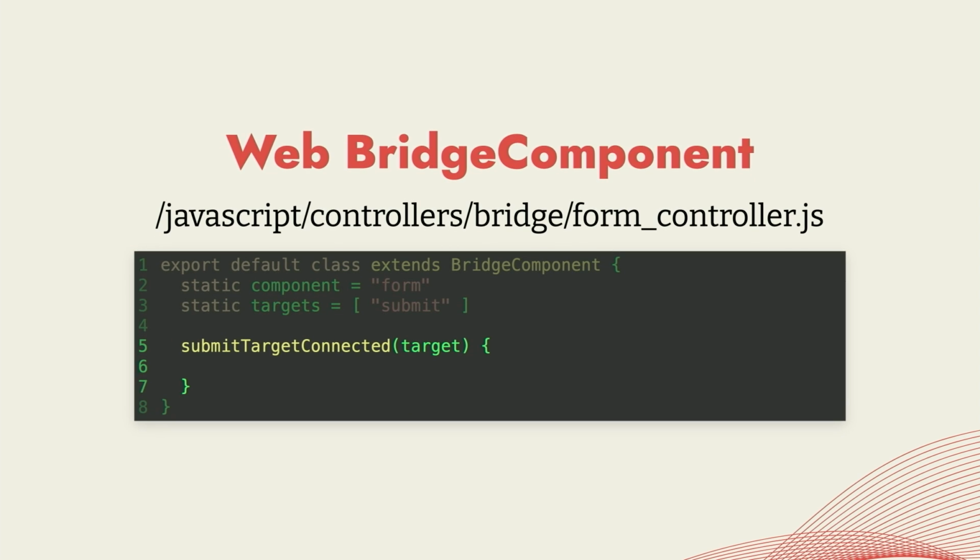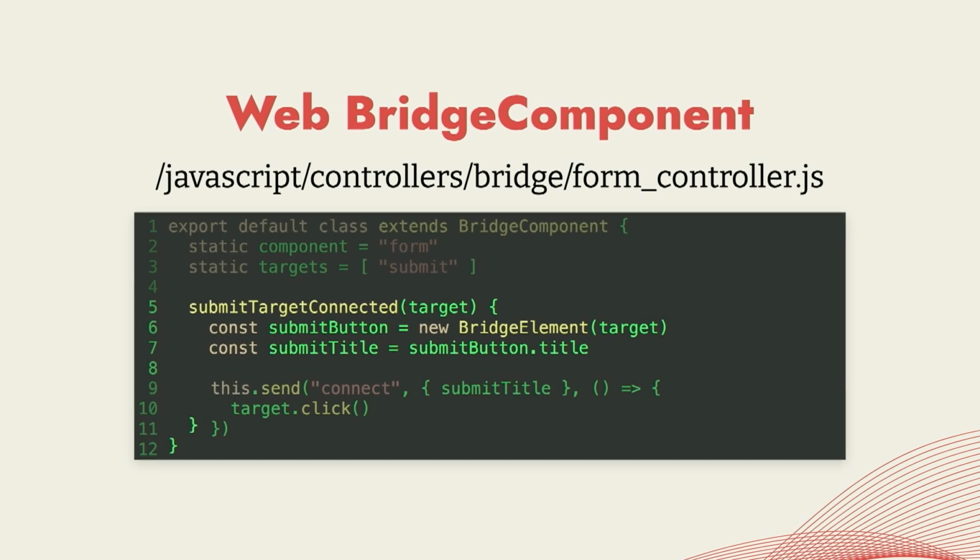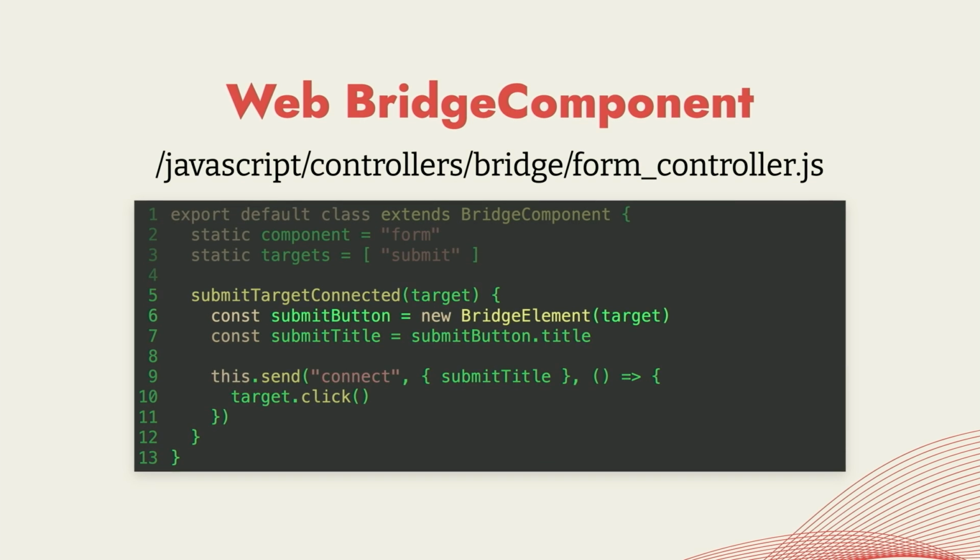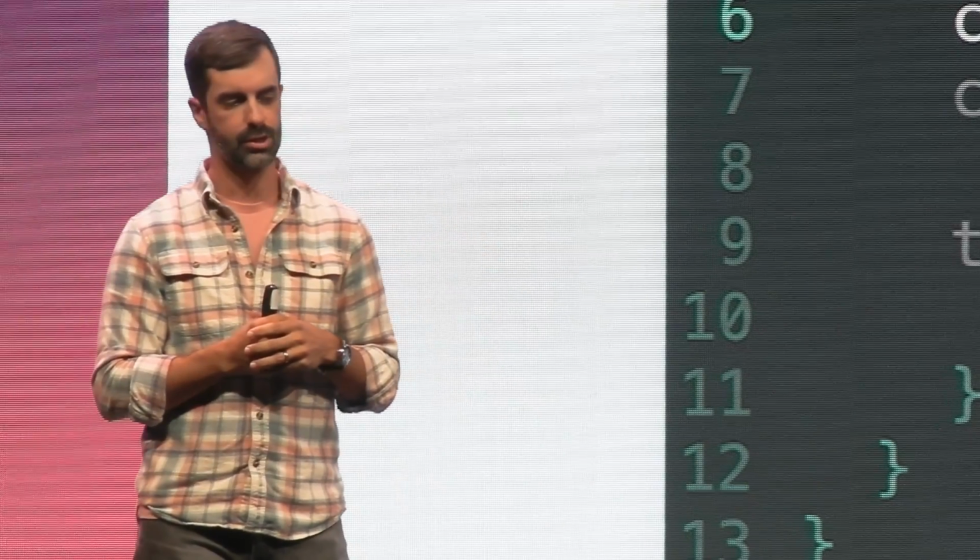When the submit button is connected on the page, we're going to do a few things here. The first thing we'll do is wrap the submit button target in a bridge element. The bridge element is a class that gives you some Strada-specific behaviors and features for your web components.